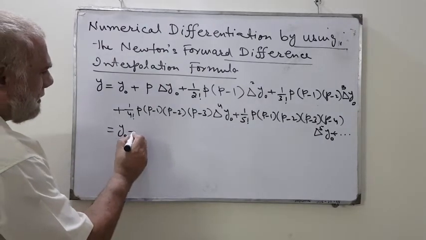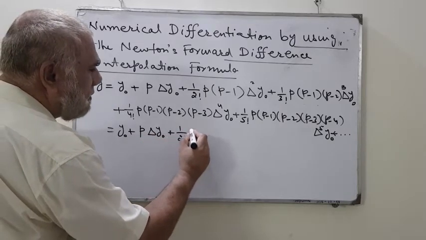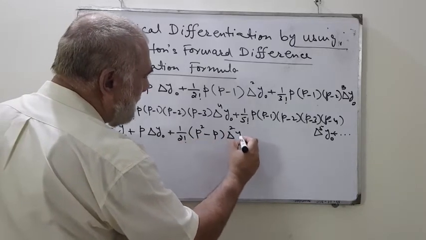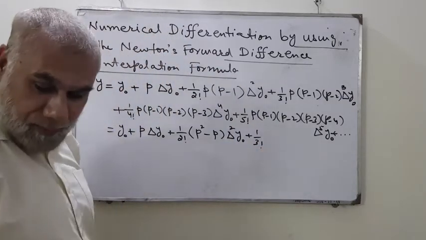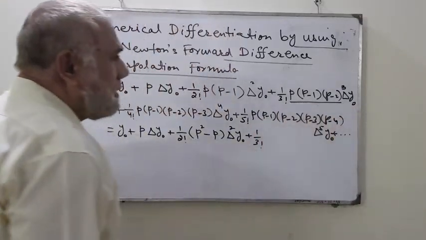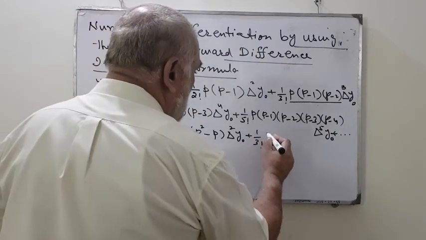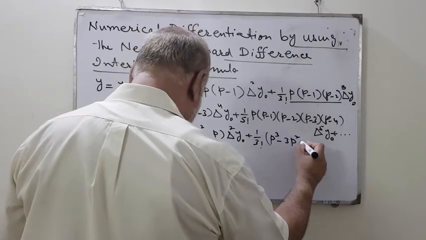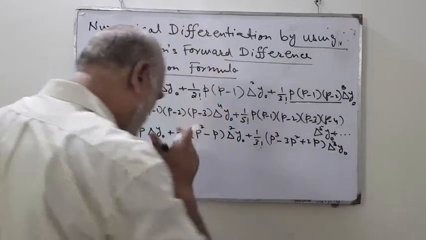So here we get y0 plus p times del y0 plus 1 by 2 factorial times p square minus p into del 2y0 plus 1 by 3 factorial, and whenever you take the product of these three terms, you can do it very easily. The result is p cube minus 3p square plus 2p into delta 3y0.